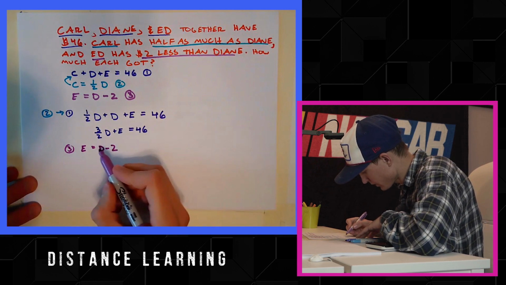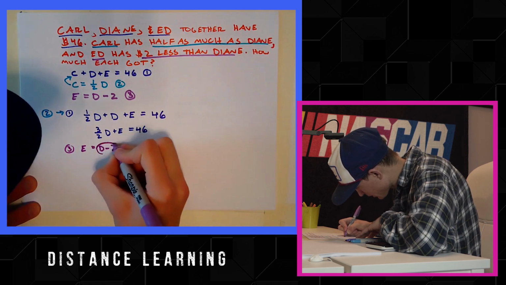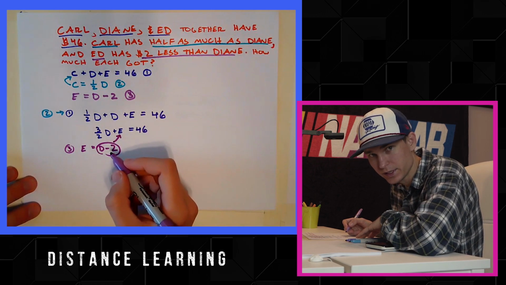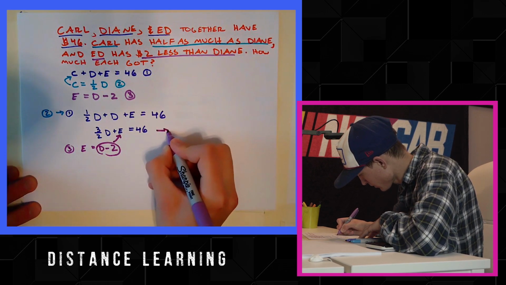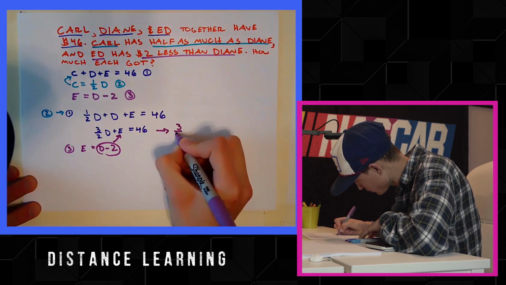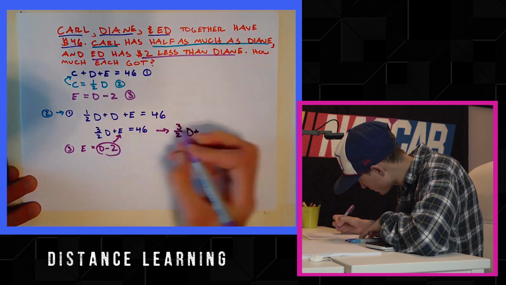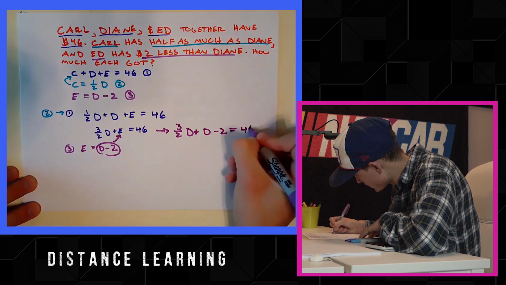Do you see if I plugged this in for E, that would only have D. So I'm going to plug that in. So I'm going to have 3 over 2 D plus, not E, but D minus 2, minus 2 equals 46.